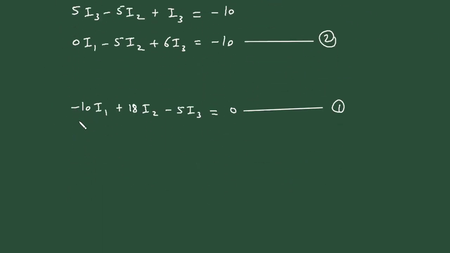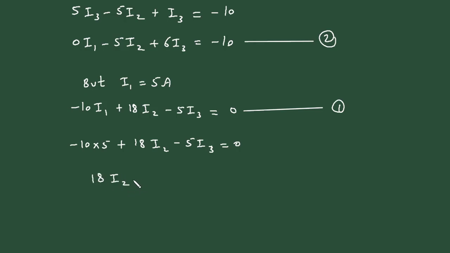So this will be minus 10 multiplied by 5 plus 18 I2, and all the other things as it is, minus 5 I3 is equal to 0. So this will be minus 50. If you take this on right side, it will be plus 50. So it will be 18 I2 minus 5 I3 is equal to 50.